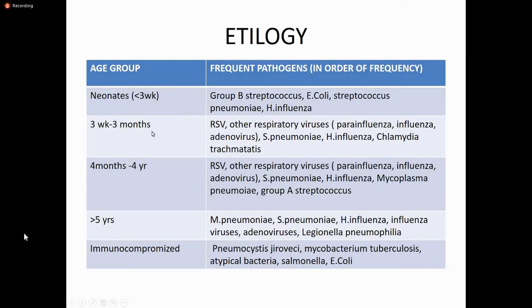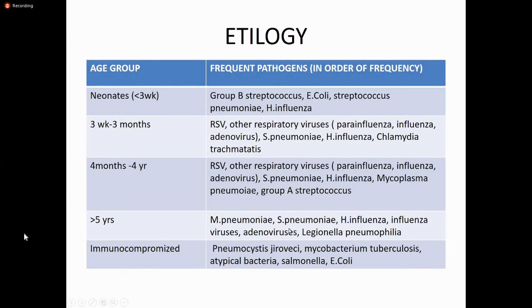Now, from 3 weeks to 3 months, and also from 4 months to 4 years, we can see that viral pneumonias predominate. They are more common. And the viral organisms include respiratory syncytial virus and other viruses like parainfluenza, influenza, and adenoviruses. Then there is also a chance of bacterial pneumonia, but more commonly, the organisms are viral.